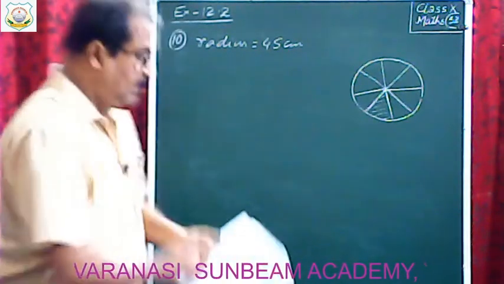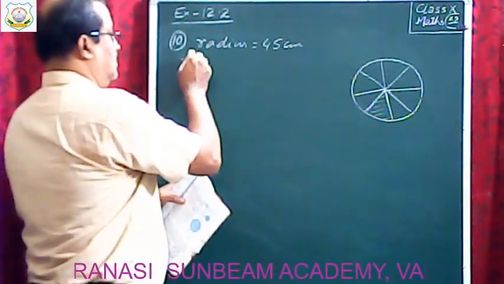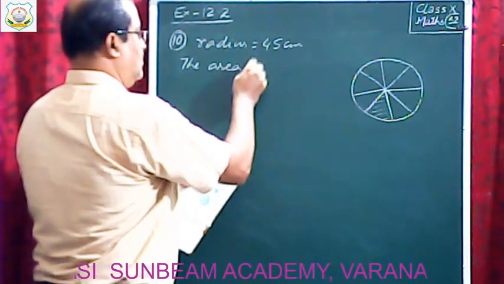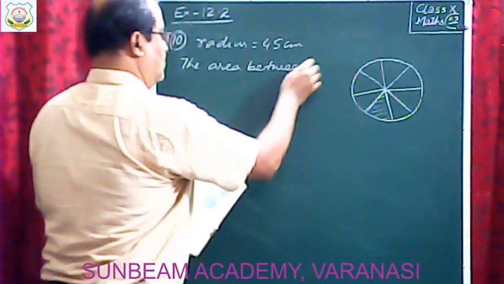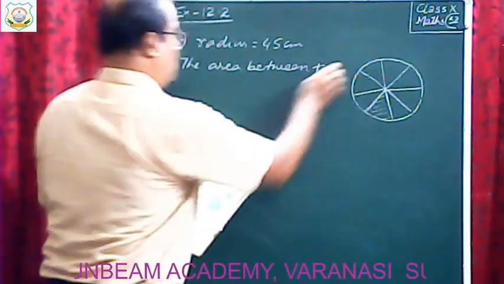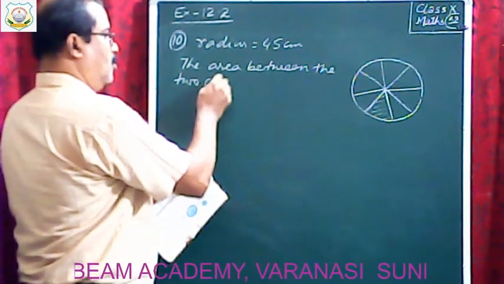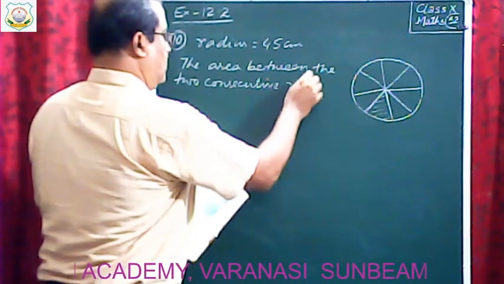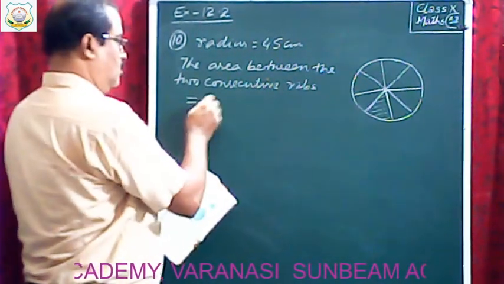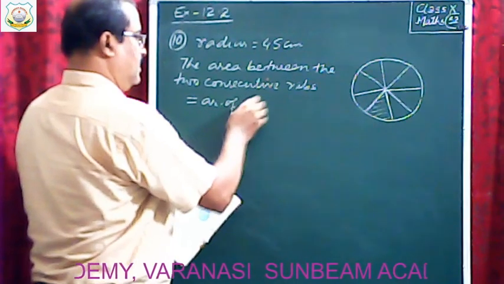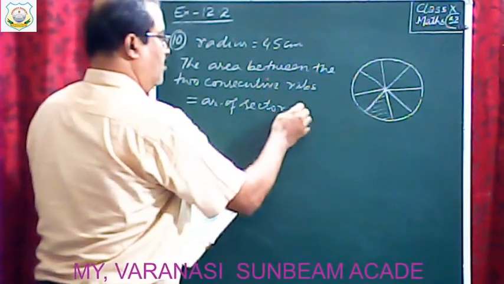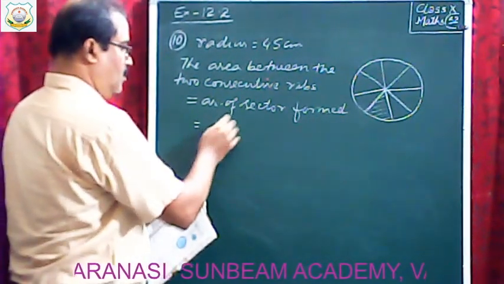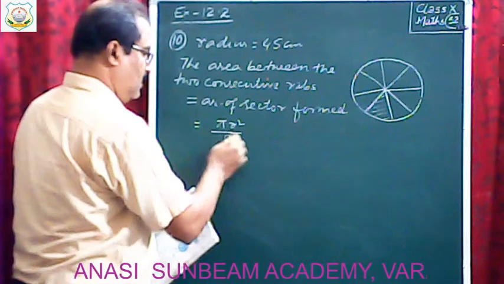So accordingly we have to write the area between two consecutive ribs equal to area of sector formed, that is equal to pi r square upon 8.